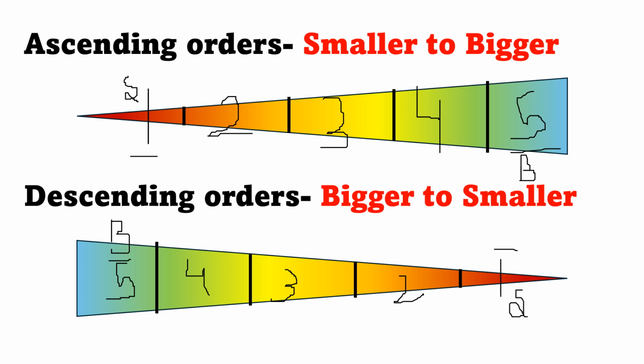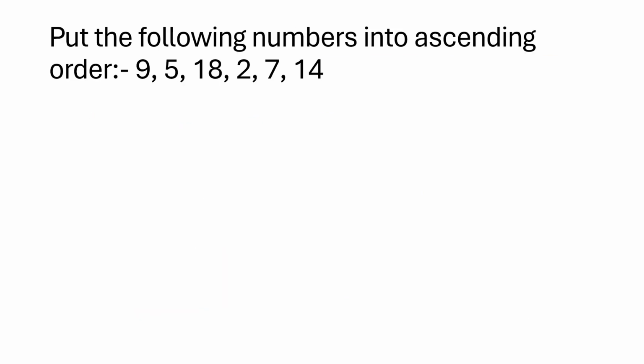So now let's move forward with one question. Put the following numbers into ascending order. The numbers are 9, 5, 18, 2, 7 and 14. At first, for practicing, you can make a table like this.